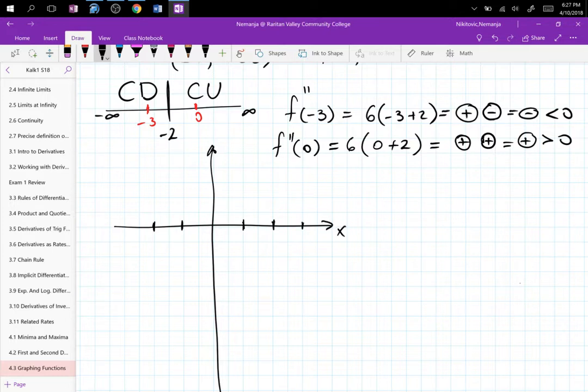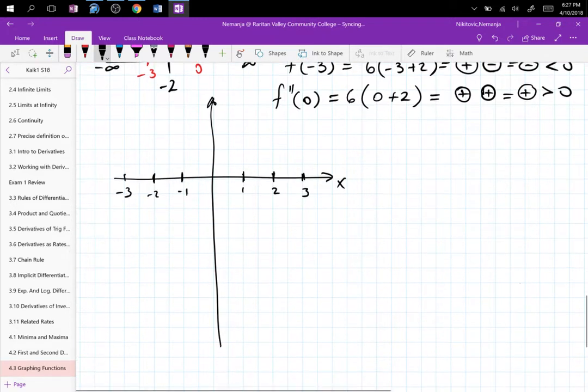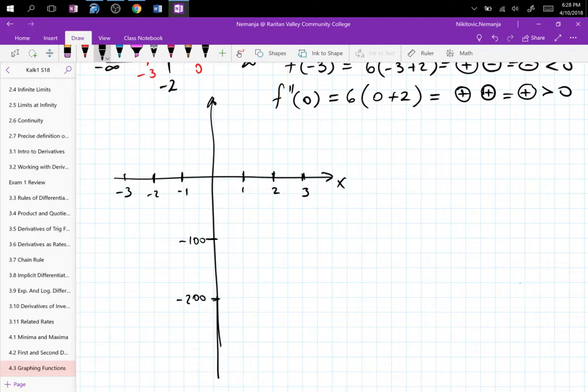A scale for the x-axis is 2 units, so 1, 2, 3, negative 1, negative 2, negative 3. And then the scale for this one is going to be in hundreds. So maybe negative 100, negative 200, negative 300.